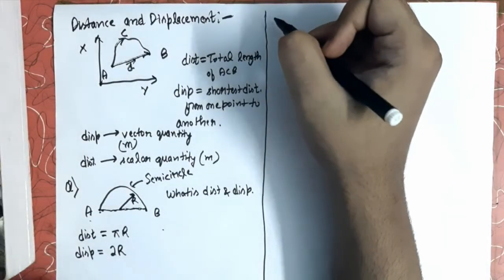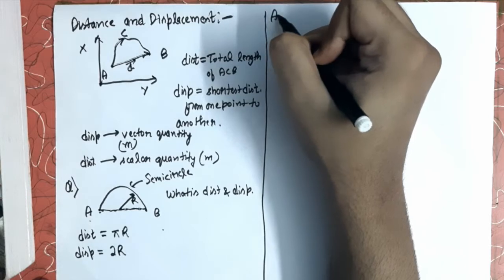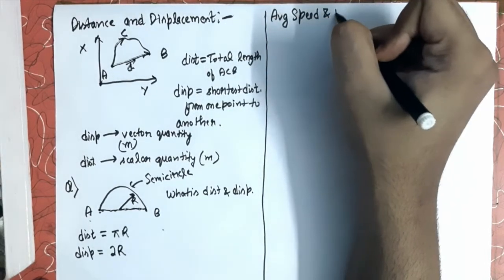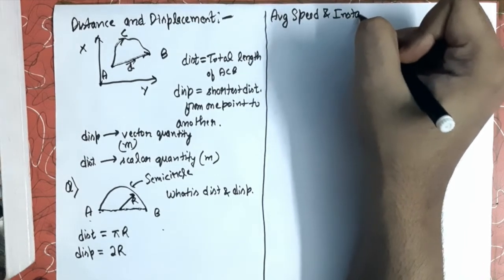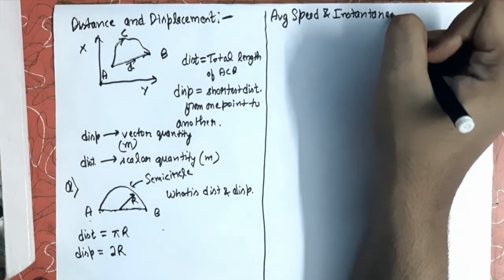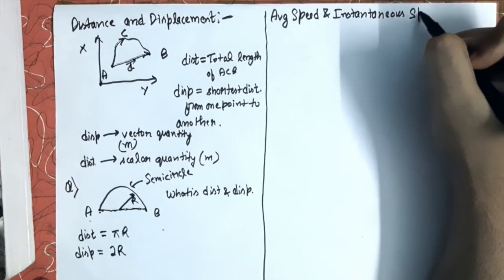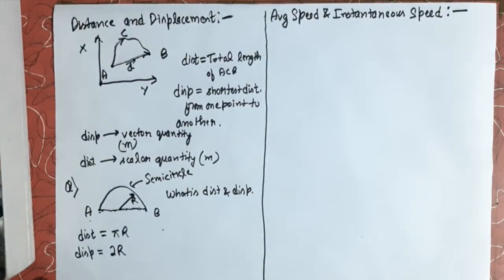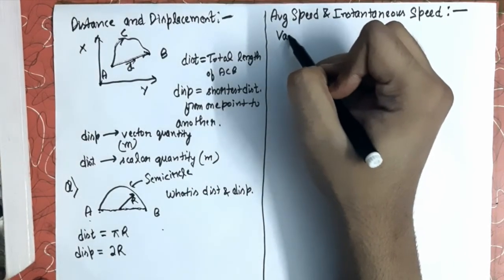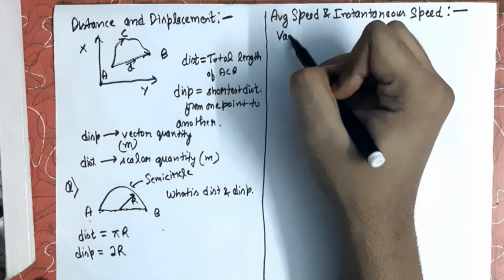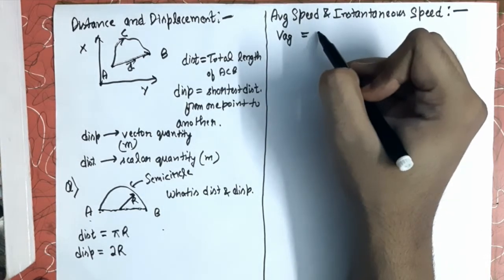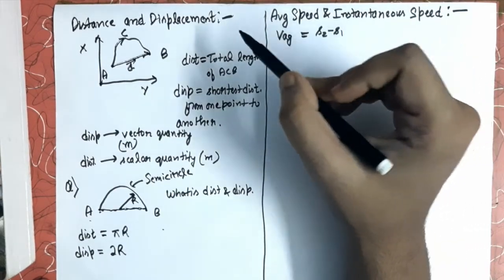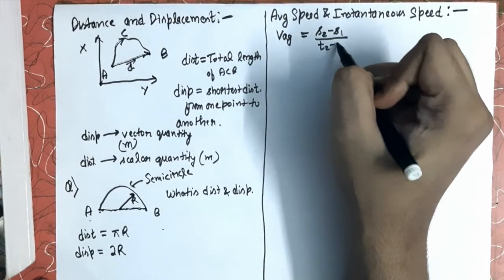Now let's move on to the next topic, average speed and instantaneous speed. So what is average speed? V average is nothing but change in distance, s2 minus s1, by change in time, t2 minus t1.